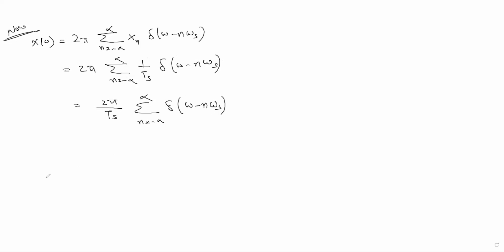Okay. So what will be the plot now? It is a sum of delta functions from minus infinity to infinity, and they will be shifted also. For n equal to 1, it will be shifted to the right side by omega s. If omega minus omega s, this is the omega s shifted, and then we have to sum up like that.